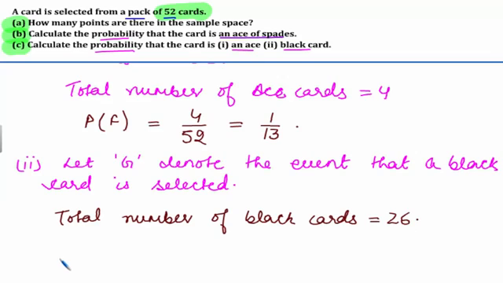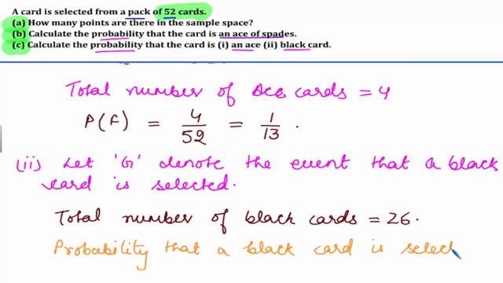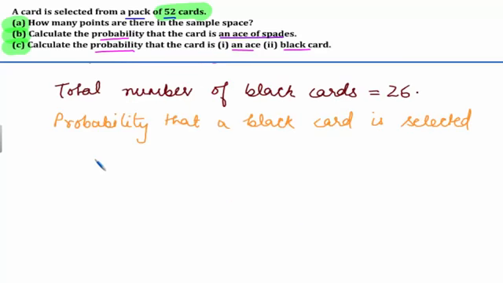Therefore, the probability that a black card is selected is given by probability of G, which is equal to the total number of black cards in the pack of cards, which is 26, divided by the total number of cards, and this is equal to 1 upon 2.